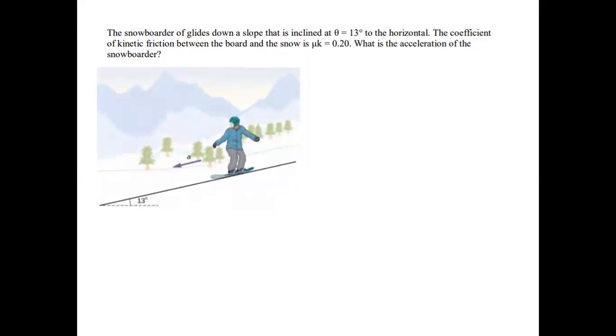Now, we are given a snowboarder who accelerates downwards. Now, the angle of the slope of the inclined ground is 13 degrees. If we're going to bisect the snowboarder and consider the external forces acting on the snowboarder, this gives us the weight.